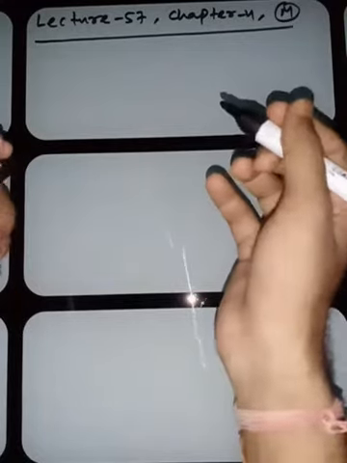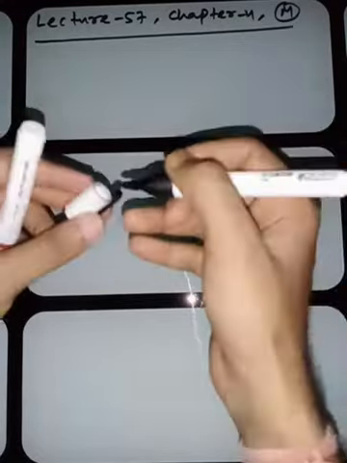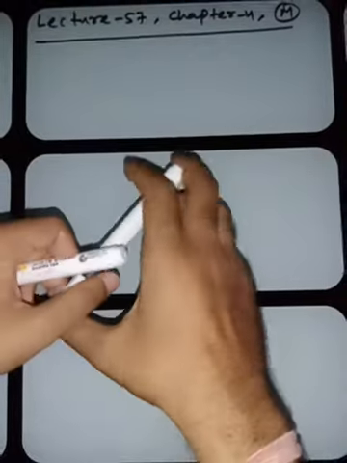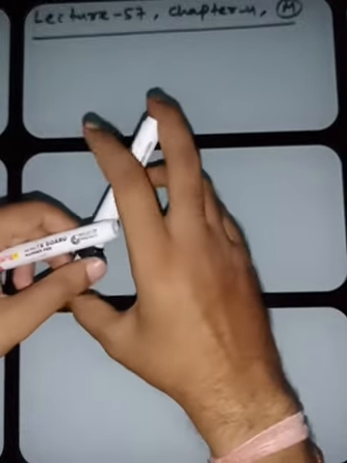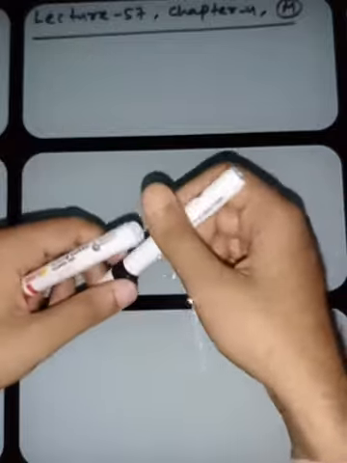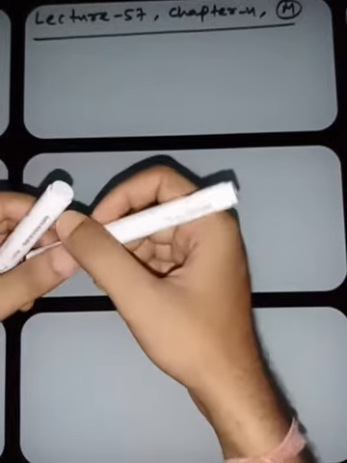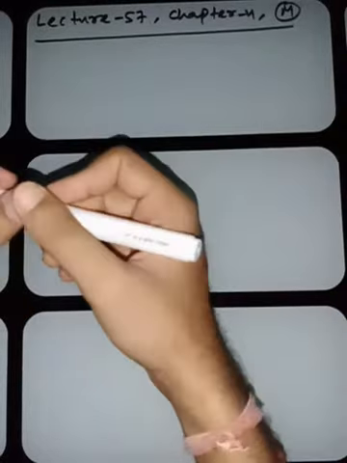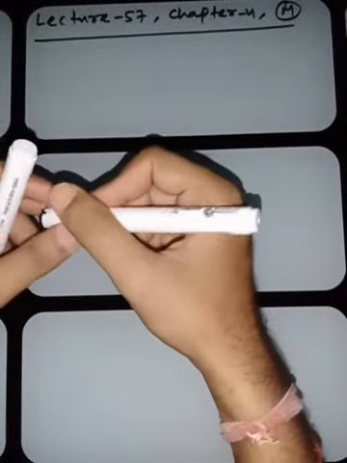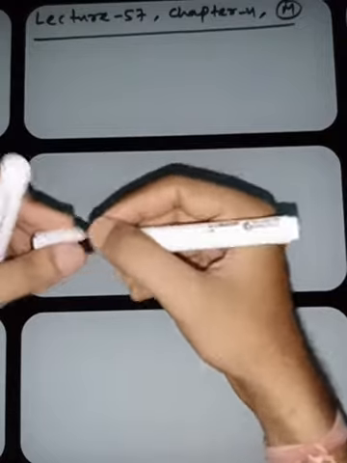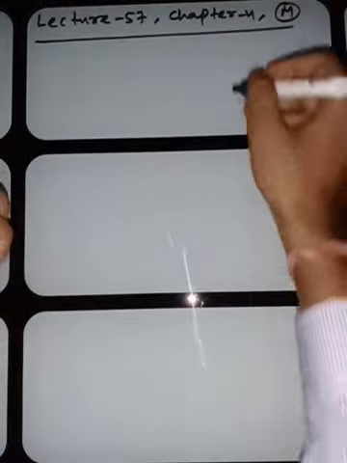Hopefully it is the second last lecture of this chapter, my dear students. We were studying the toroid in the last lecture, and we left off with the derivation of the magnetic field due to a toroid. So we'll finish it today.